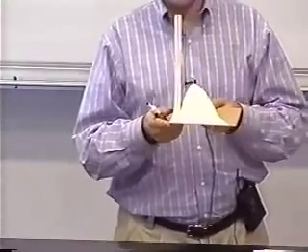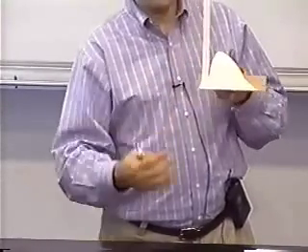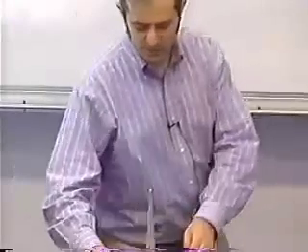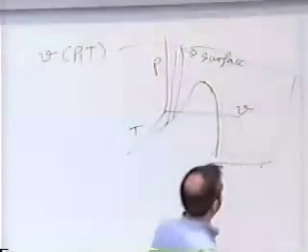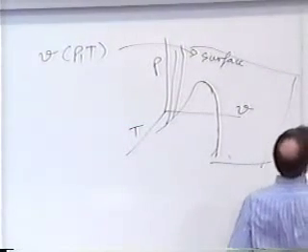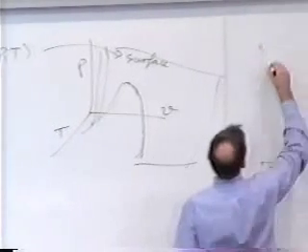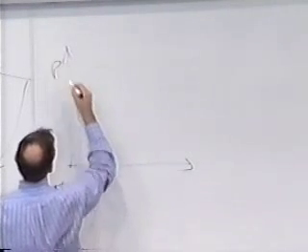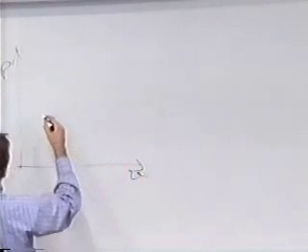So if you look at it from the front, you will see only pressure and volume. So what does it look like if you look at it from only pressure and volume? The pressure-volume projection, PV, it looks like this.